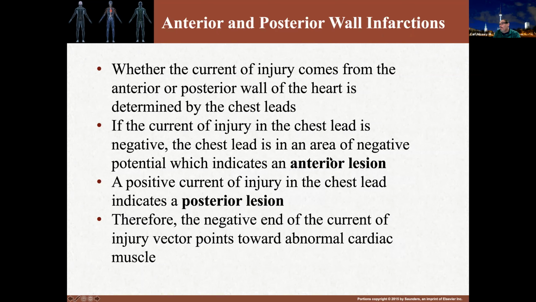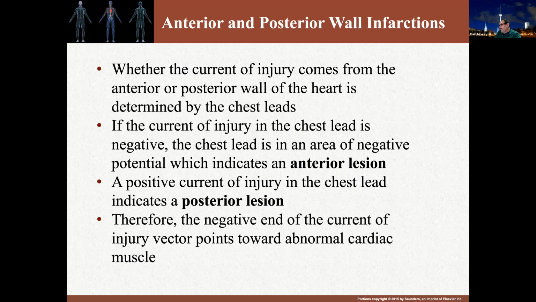Now you can determine then whether the current of injury is in the anterior or posterior wall of the heart by using the V leads. So if the current of injury in the chest lead is negative, the chest lead is in the area of negative potential. So that means that you have an anterior lesion.